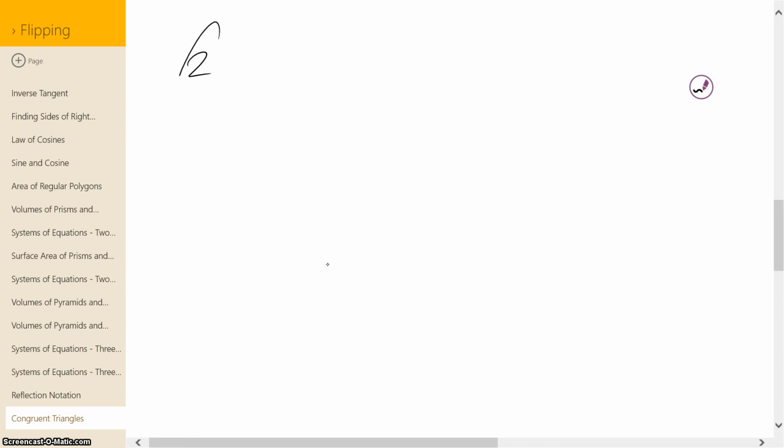We'll call this one SAS. You've got two sides. Now the order for these is very important. Notice that the angle is sandwiched between them.